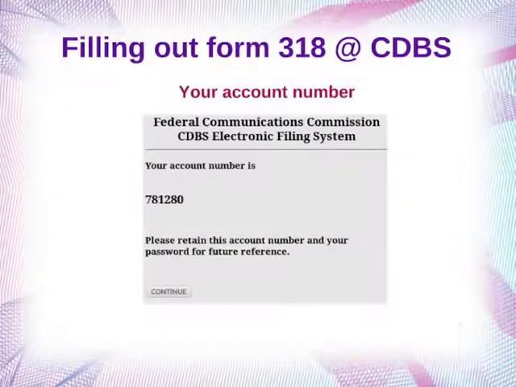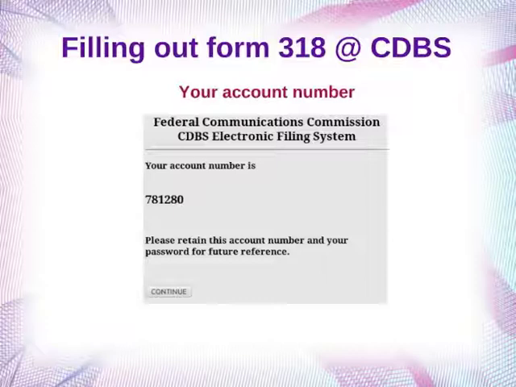They're going to send you a number, which you can see on this other screen. So this is your account number, and this is the number that the FCC, the CDBS, is going to assign you. And you need to keep that number somewhere, because that's the number that's going to be used for your application.